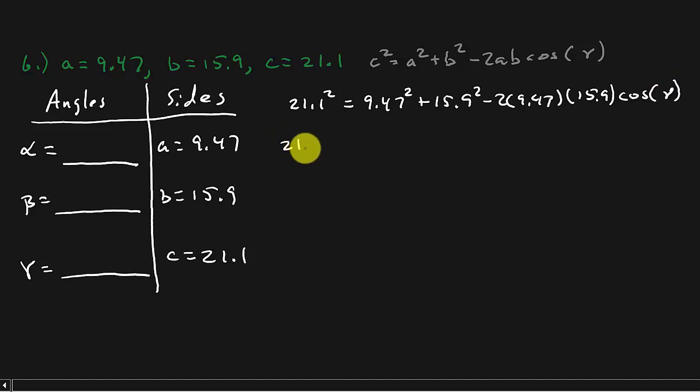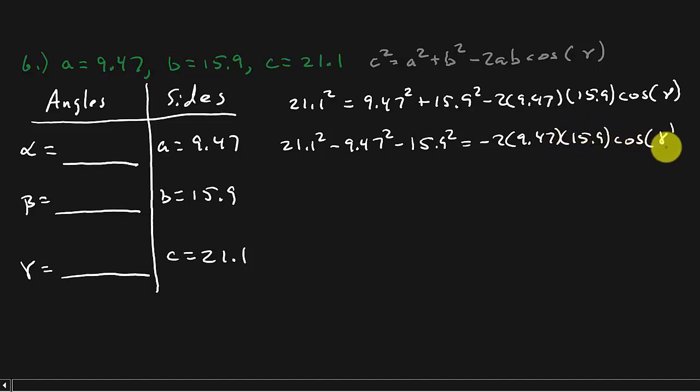And so I get 21.1 squared minus 9.47 squared minus 15.9 squared equals negative 2 times 9.47 times 15.9 times cosine gamma. All I'm doing is solving for cosine gamma, getting it on one side by itself. I subtracted these two terms from both sides. Then I divide both sides by negative 2 times 9.47 times 15.9.